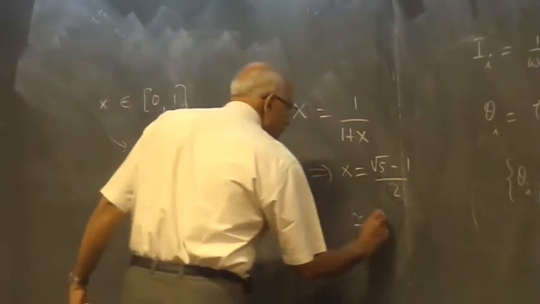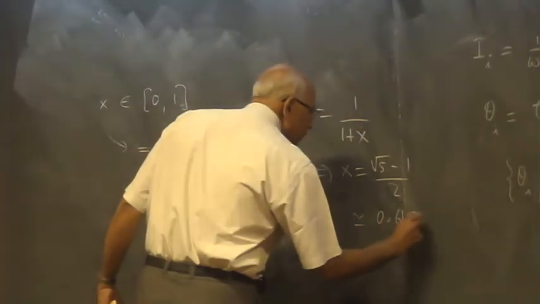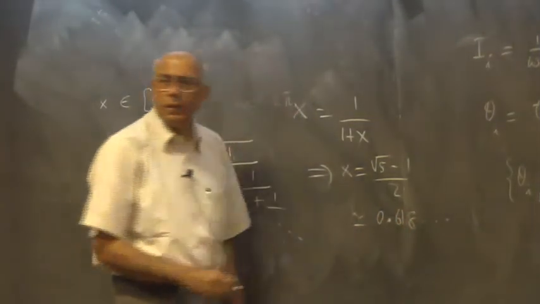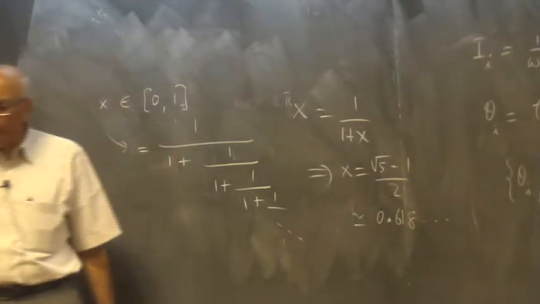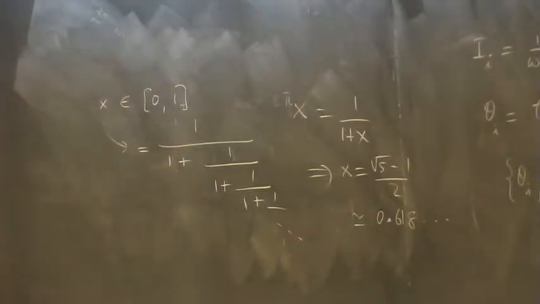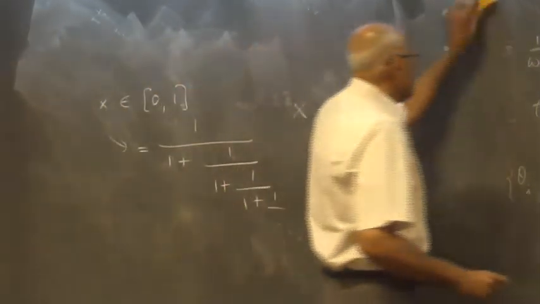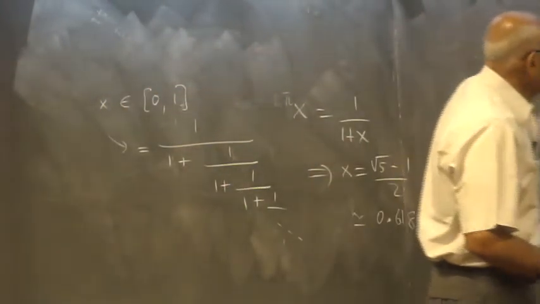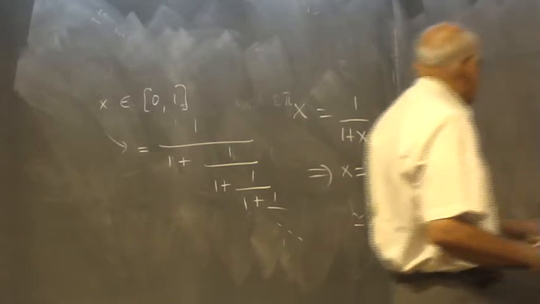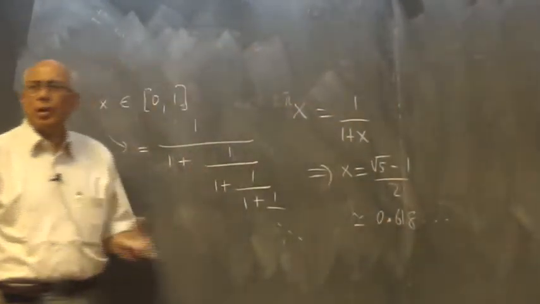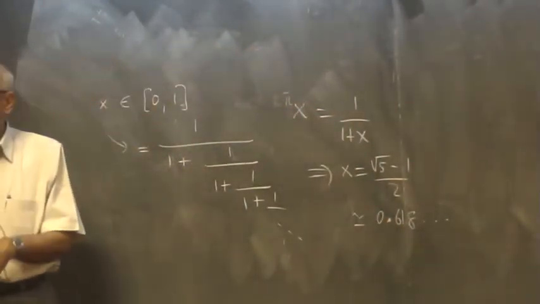Yeah, 0.618. It's the golden ratio. Root 5 plus 1 over 2 is the reciprocal of this number, 1 point something. So it's immediately clear that this irrational number is very bad to approximate by a rational number.